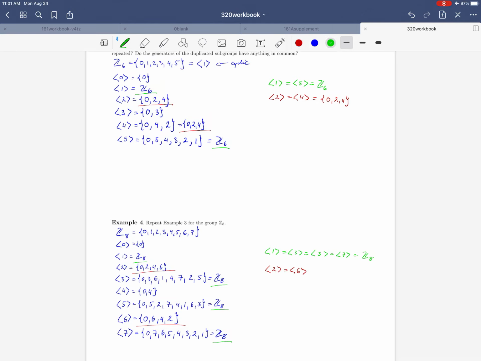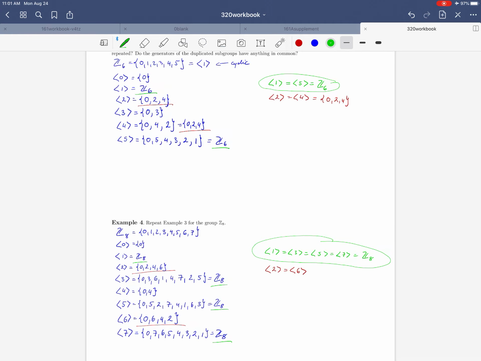So in both cases, we generated the whole group with some of our elements. What do you notice? Do you notice anything that they all have in common? 1 and 5, what do they have in common when our operation is addition mod 6?